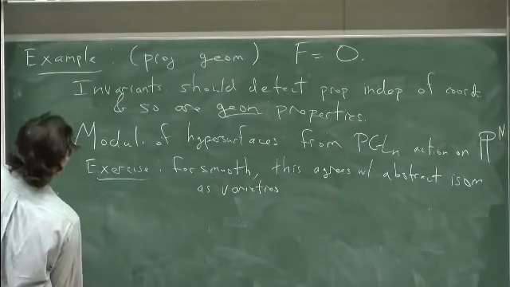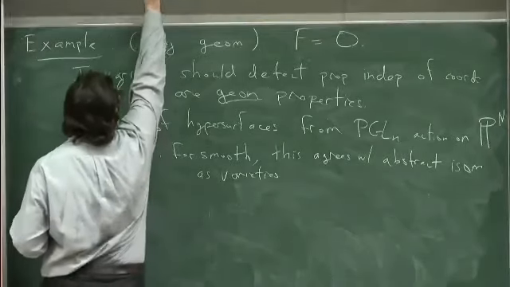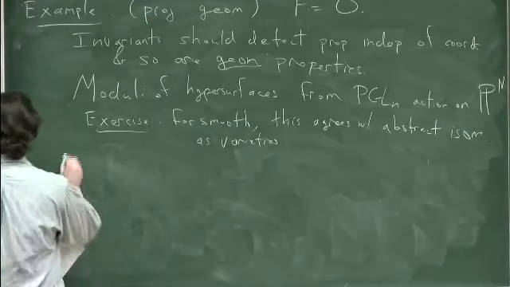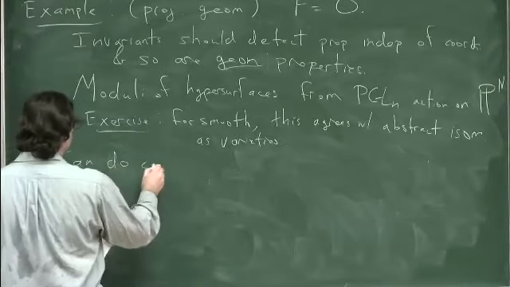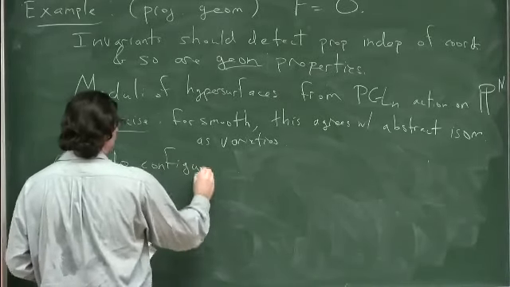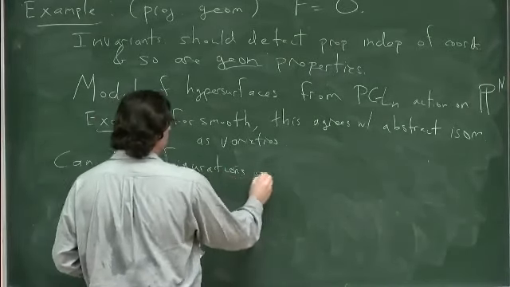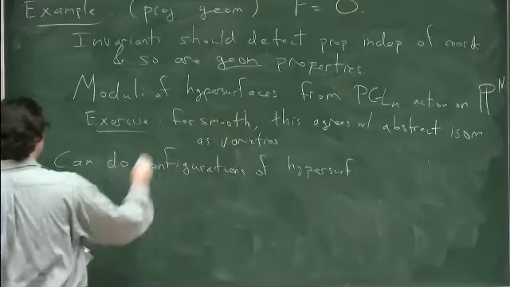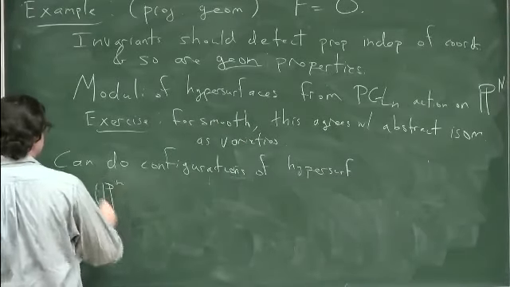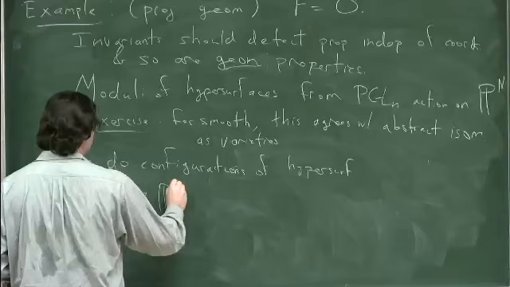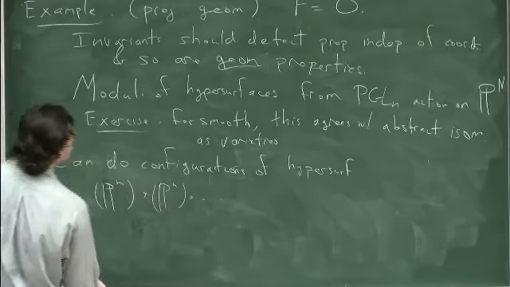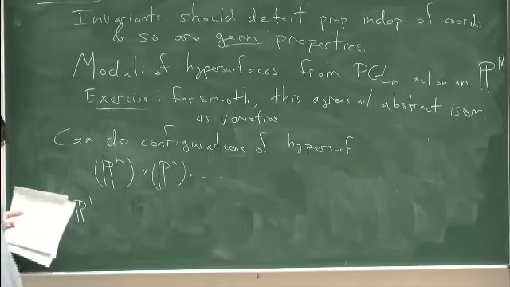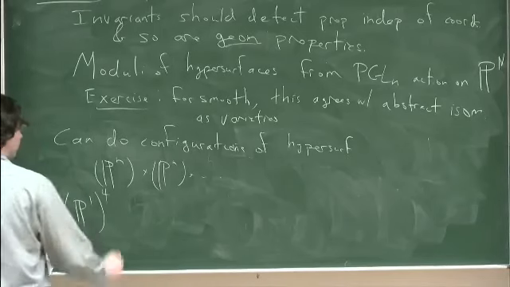And the other thing you can do is go further. Why stop with just one hypersurface? You can consider many hypersurfaces. You can consider configurations of hypersurfaces. So now you're doing hypersurfaces in a collection of little P^n's. In the simplest case, you might do P^1 to the 4, so there are 4 points on P^1.